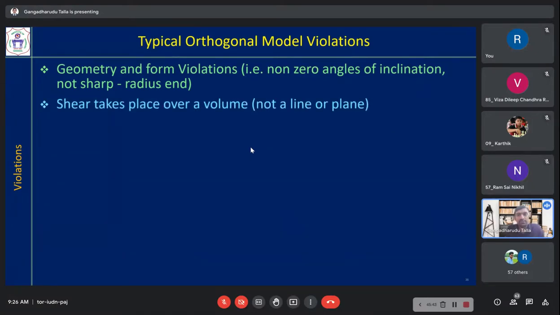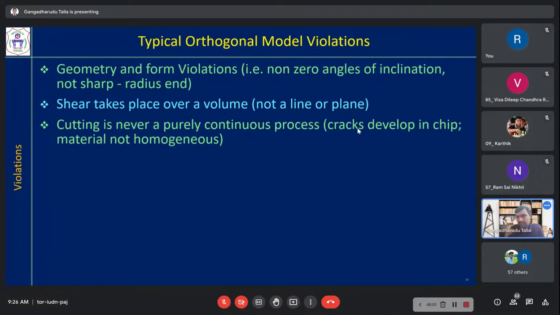Now shear takes place over a volume, not a line or plane. We are talking about Merchant theory, but shearing is taking place over a volume, not along a single plane. So that violation is there. In practice it is a volume, but you have assumed a plane. Now cutting is never a purely continuous process.